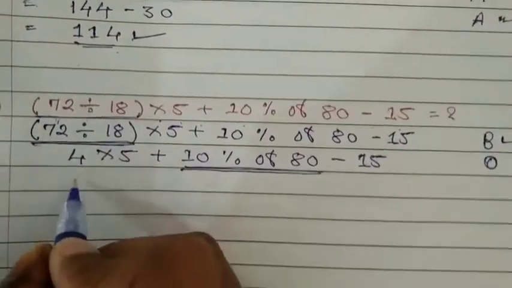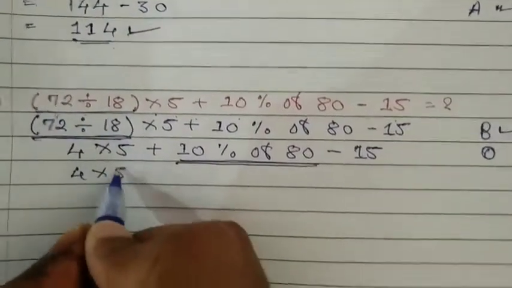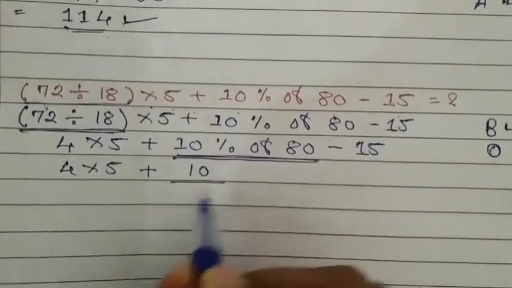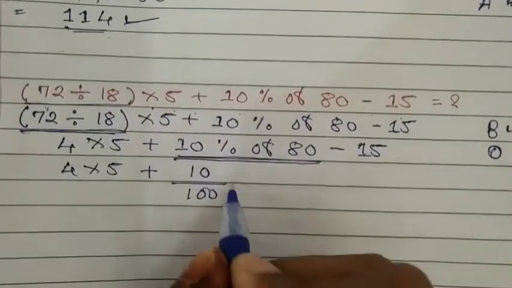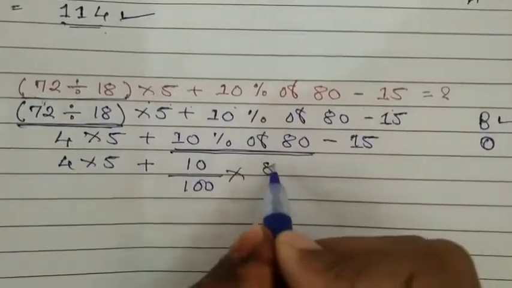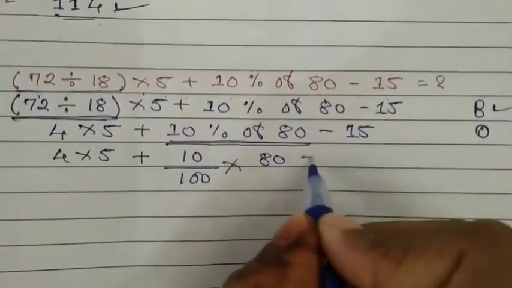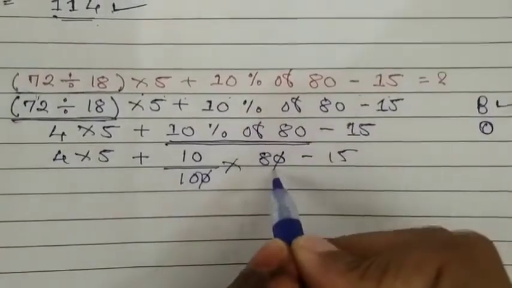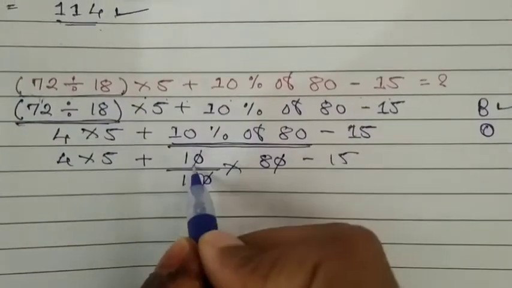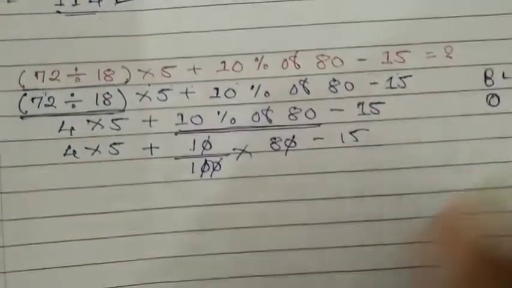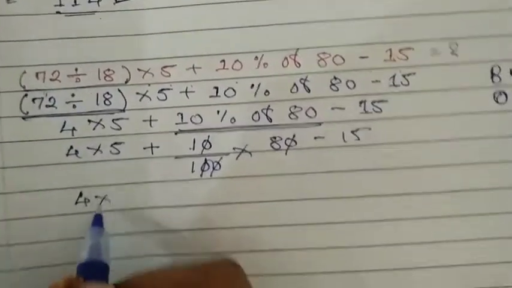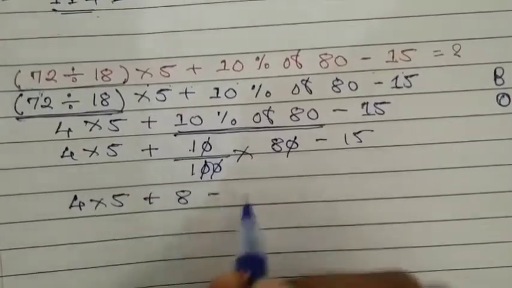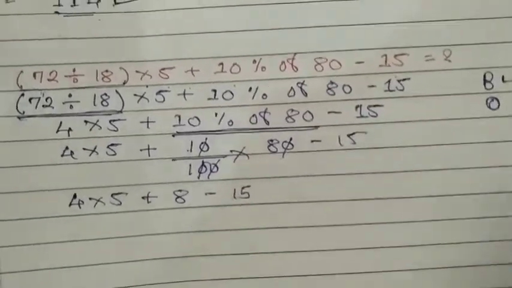So 4 multiplied by 5 plus, as it is, 10% means 10 by 100, "of" means multiplied by 80, as it is minus 15. This 0 cancels out, this 0 cancels out. 1 into 8, how much? 8. 4 multiplied by 5 plus 8 minus 15.